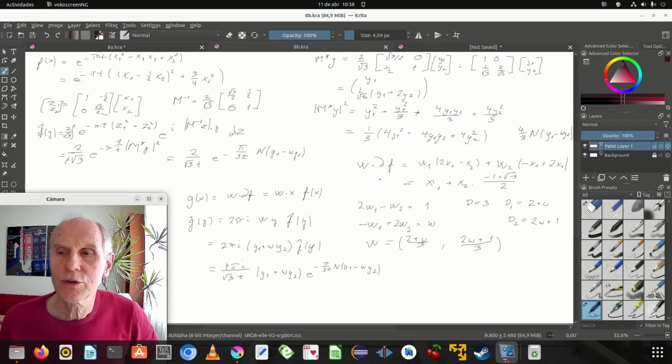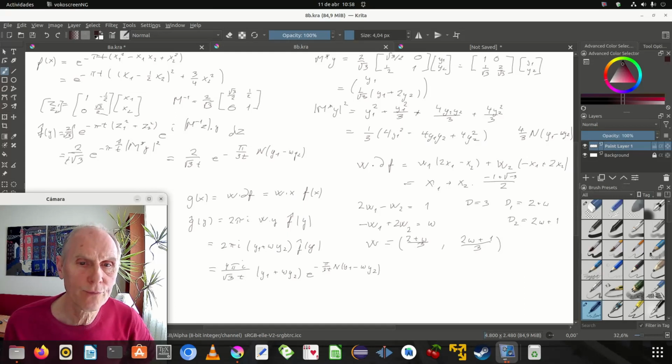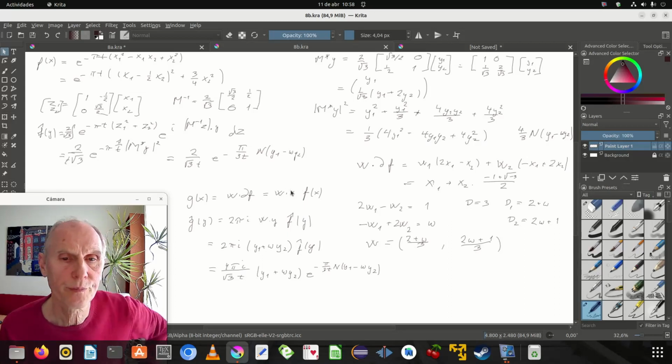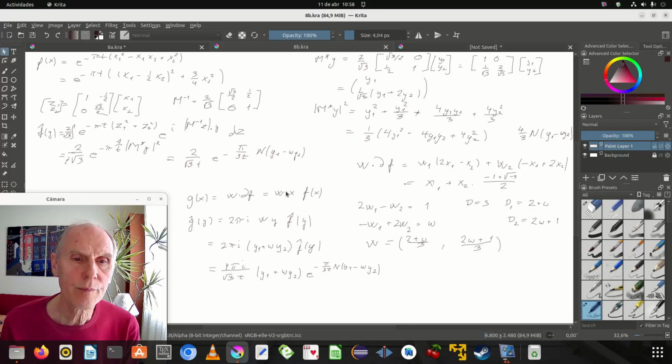I discovered two mistakes on this page. First, when we differentiate, we do get minus pi t here. I'll just write it.